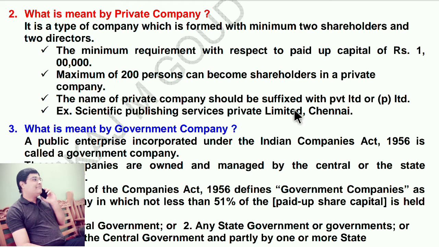The name of a private company should be suffixed with Private Limited or P Limited, for example, Scientific Publishing Services Private Limited, Chennai. So for a private limited company: minimum two shareholders, two directors, minimum 1 lakh rupees to start the business, and a maximum of 200 members. And the name should end with the words Private Limited.